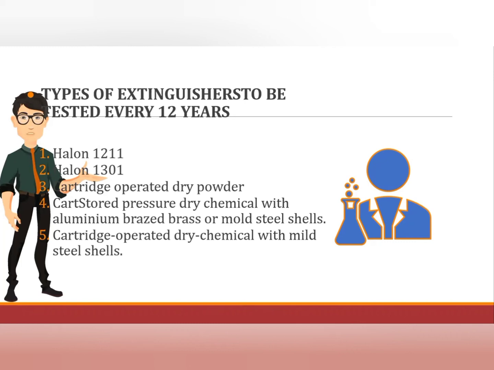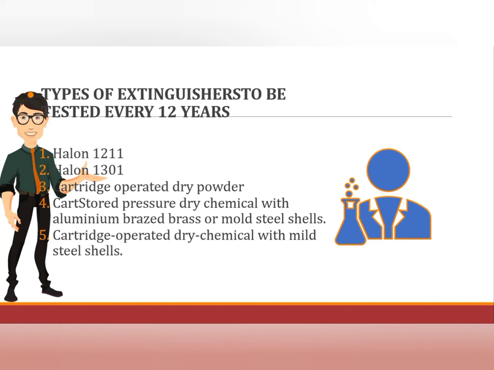And then the third one is the cartridge operated dry powder fire extinguisher. It is a dry powder composed of a salt base plus a polymer for sealing and other additives to render it free flowing and prevent heat caking or crusting.